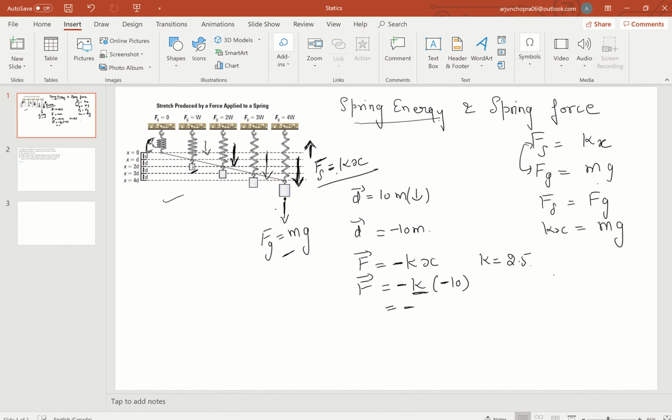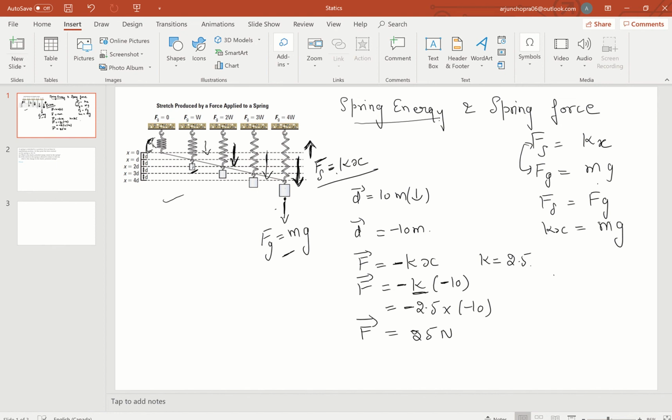We'll talk about it later on. Right now we are trying to find the direction of the force. So this is negative times K value 2.5 times negative 10, which is equal to positive 25 newtons. That's the force value which we come across.